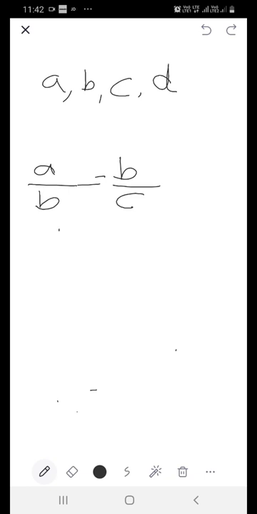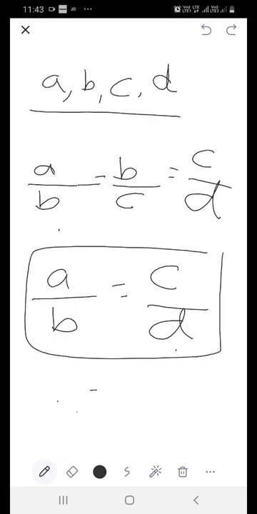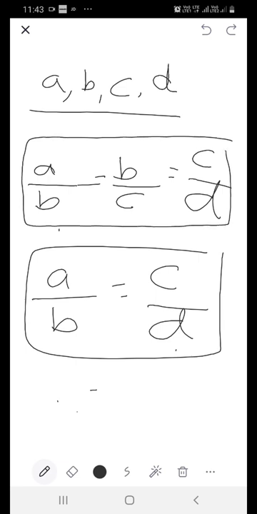So if I say A, B, C, D are in continued proportion, you are going to form the ratios in continuity: A upon B is equal to B upon C is equal to C upon D. This is how you get the numbers in continued proportion. But if I say A, B, C, D are in proportion, then you are going to form it like this: A upon B is equal to C upon D. This is simply in proportion, and this is in continued proportion. So you should know the difference between the two.